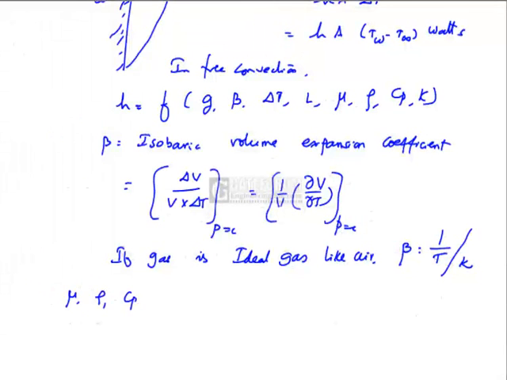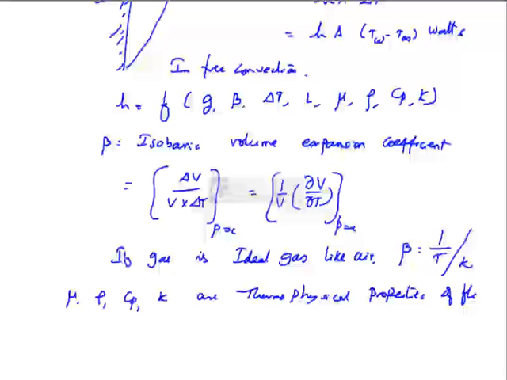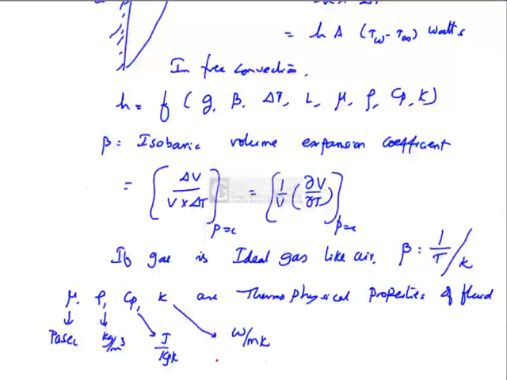Remaining all are same as thermophysical properties. Mu, rho, Cp, k are thermophysical properties of fluid, same as in forced convection. Mu is in Pascal second, dynamic viscosity, rho is in kg per meter cube, Cp is in joule per kg Kelvin, and k is in watts per meter Kelvin, thermal conductivity of fluid. g is acceleration due to gravity.